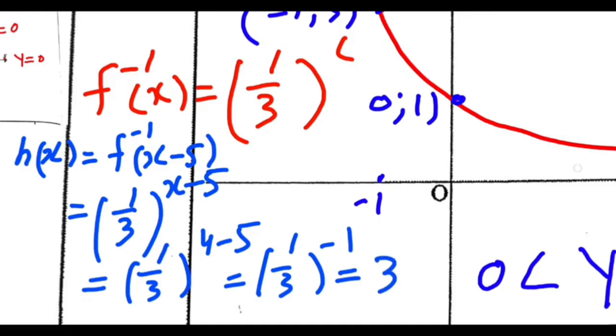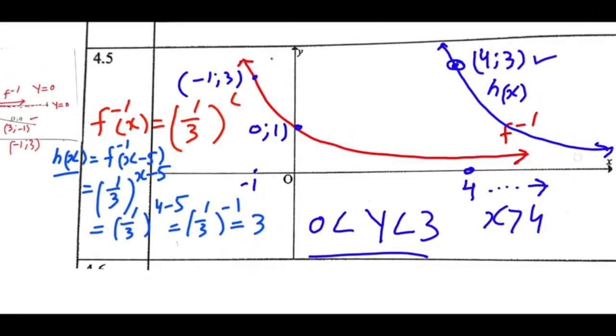So now you can see this is the y value for h of x. So between 0 and 3, the asymptote is going to stay the same, which is y equal to 0, because the graph only shifts horizontally to the right. So between 0 and 3, that will be the answer. This one I just showed you algebraically, but this is fine.